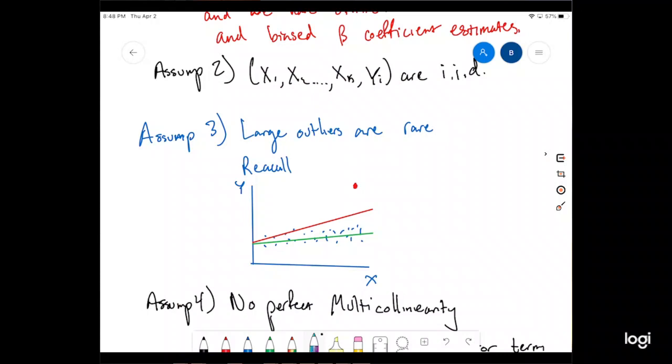This is an outlier, and it's going to cause the regression line to be pulled up rather than where we think it probably should be, the green line.